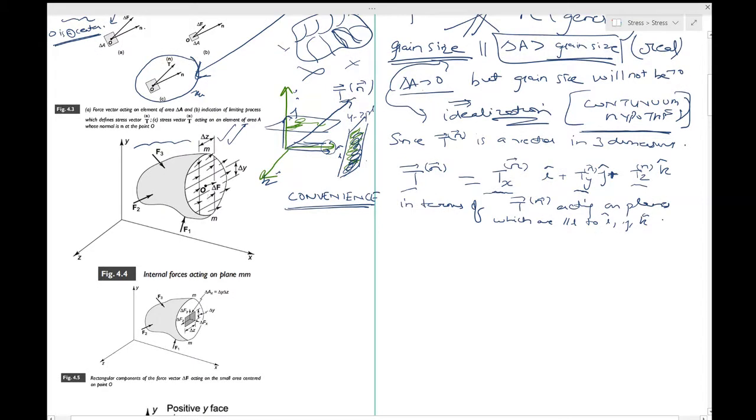Just like I have said, this delta F of this figure is a vector. It can also be written just like any other vector, like this, so that will have x, y and z components, and that's what any vector would be. Now this is what this sentence in your textbook means.